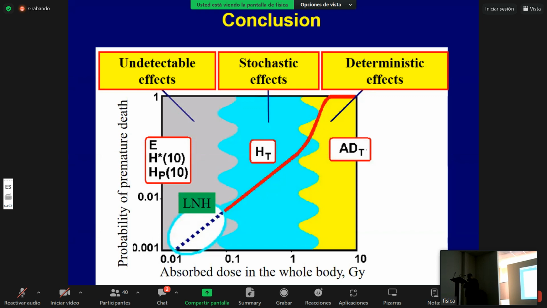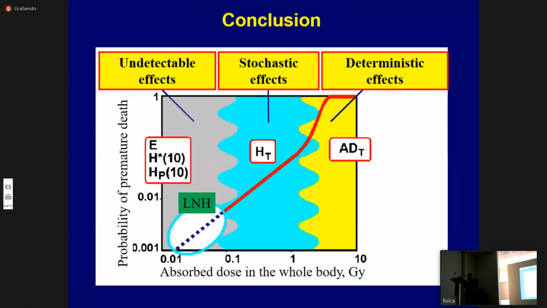So the effective dose should be used to assess the possible consequences of exposure in this area. Next, the contribution of the risk of developing deterministic effects to the overall probability of premature death is negligible at doses below 1 gray. So equivalent doses should be used to estimate the effects of exposure in the range from 0.1 up to 1 gray.